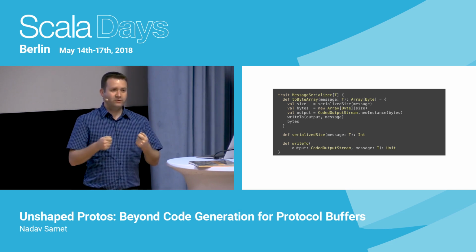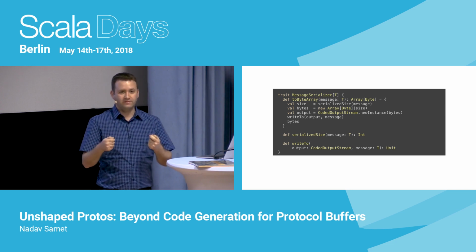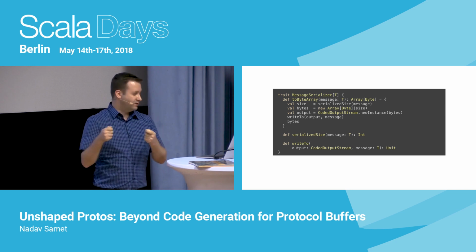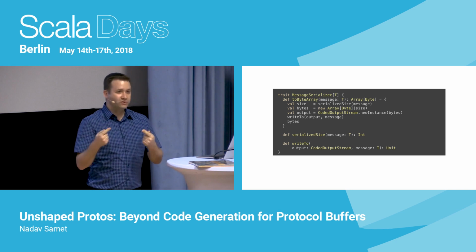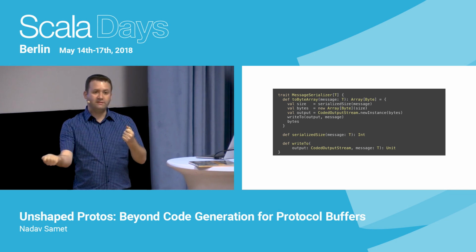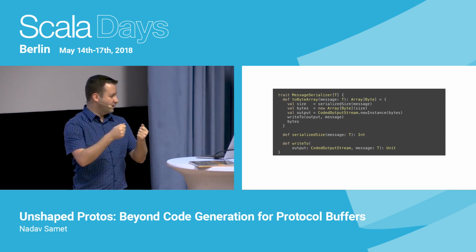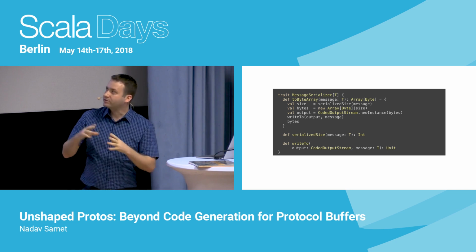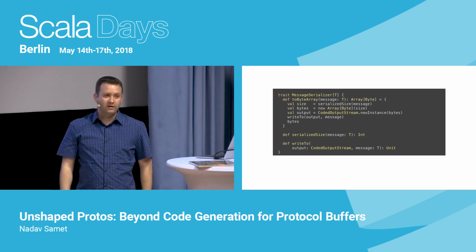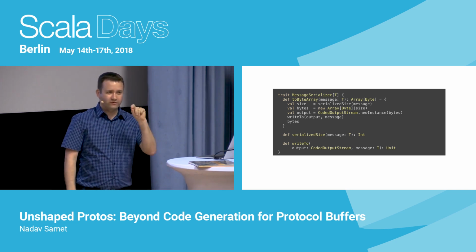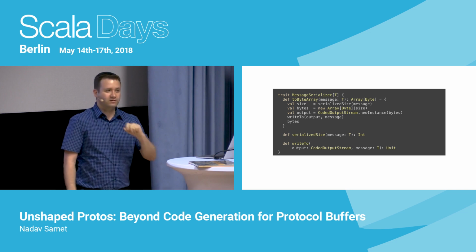Then it creates something called CodedOutputStream, which is a class provided by Google that knows how to write primitive fields into the array of bytes. Then you call a function called writeTo, which takes the output stream and the message and encodes the message into the output stream. And finally, you return the bytes. So actually, all the action is happening in the writeTo method. This is where the interesting stuff is happening. So from now on, we're just going to focus on how we would implement the writeTo method in general.